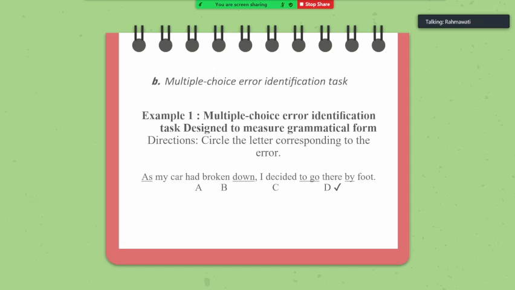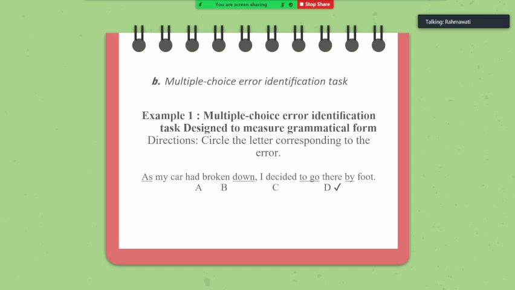The second part of the selected response task types is the multiple choice error identification task. For example, a multiple choice error identification task designed to measure grammatical form.